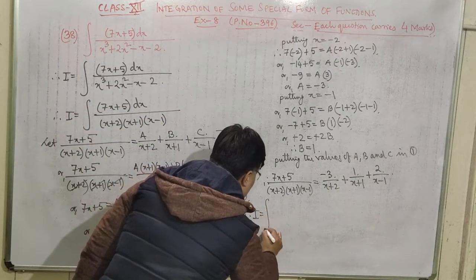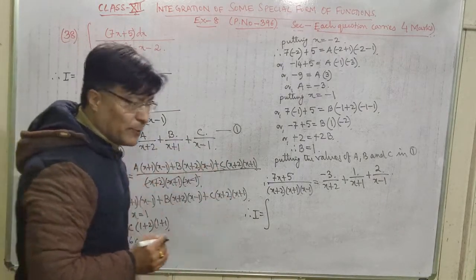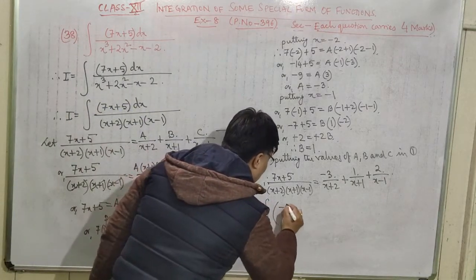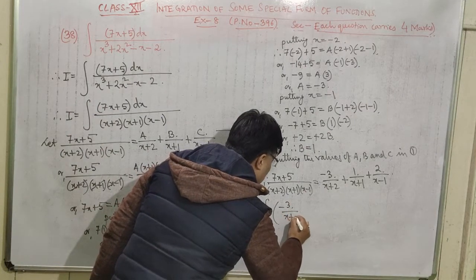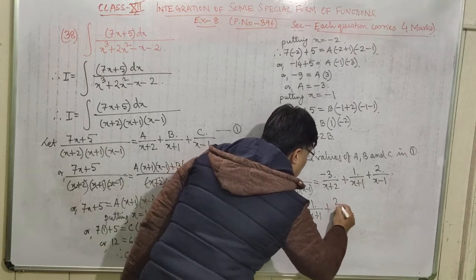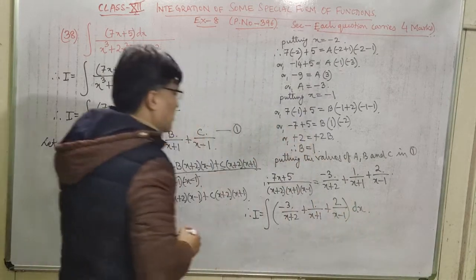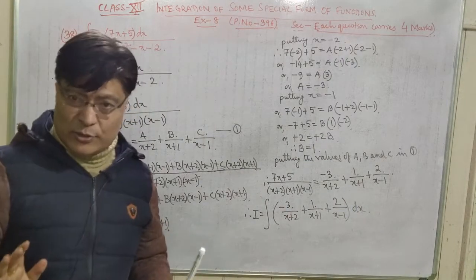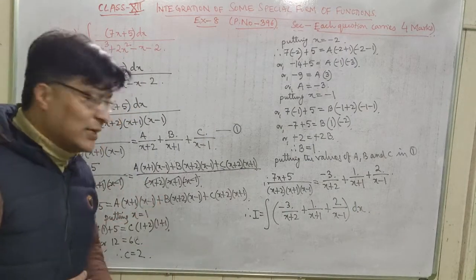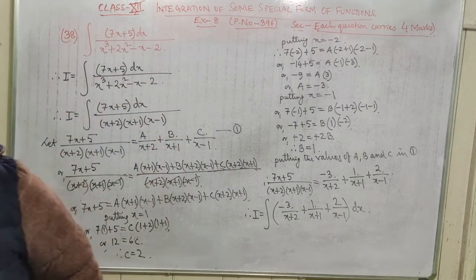I is equal to the integration of this partial fraction, that is minus 3 upon x plus 2 plus 1 upon x plus 1 plus 2 upon x minus 1, bracket closed, dx. I think you have understood it. So let us separate this integration now.